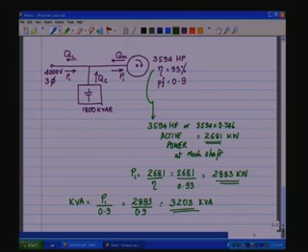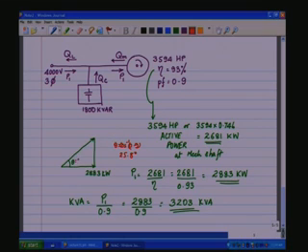This is how it is. So, which means you have 2883 kilowatts active power. There is some reactive power component, and because we know the angle theta, theta is cos inverse of 0.9, which is 25.8 degrees.